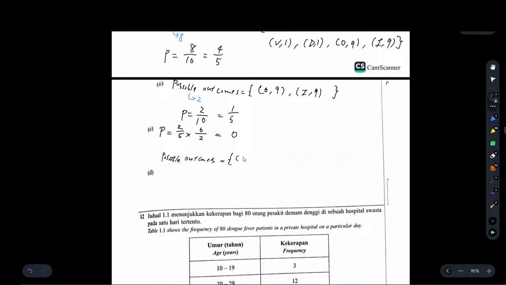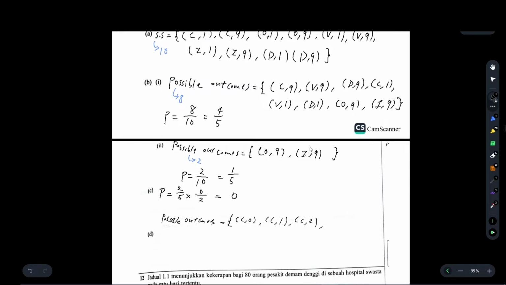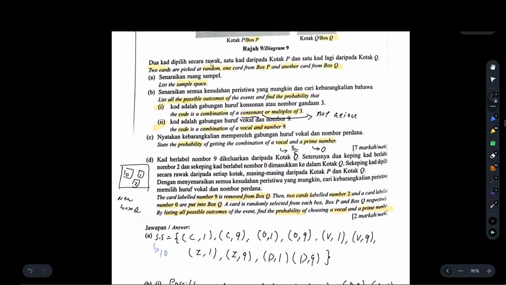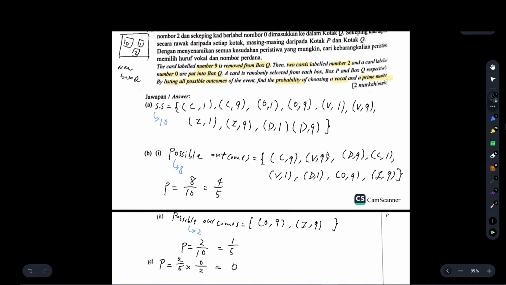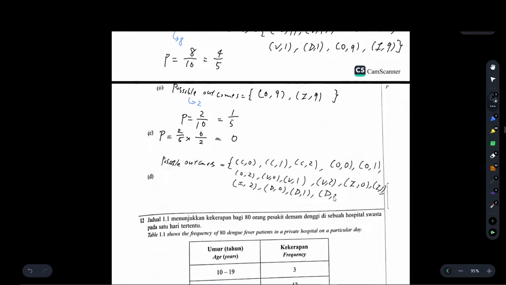So it goes like this: C0, C1, and C2. And the pattern continues to the other alphabets as well. And lastly, D2. So that is all of the possible outcomes from this event.